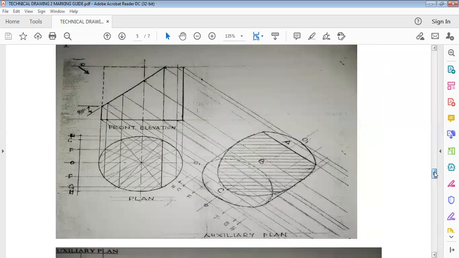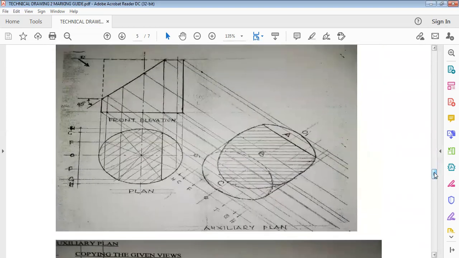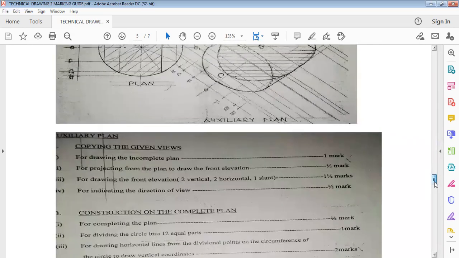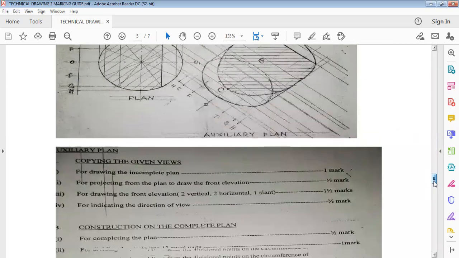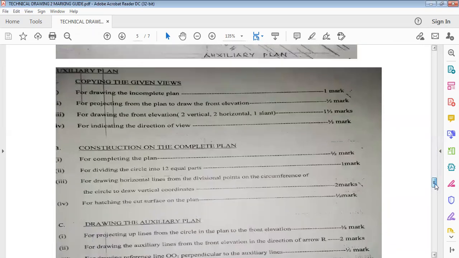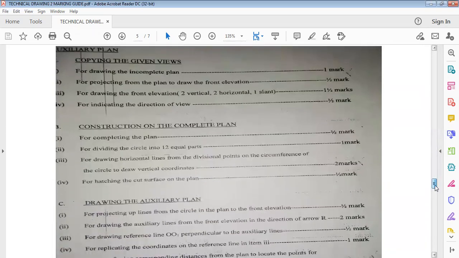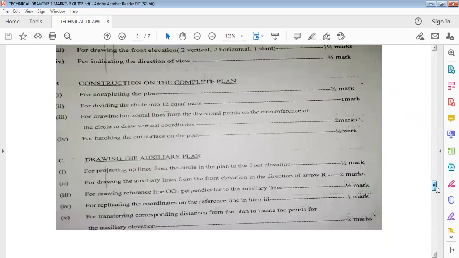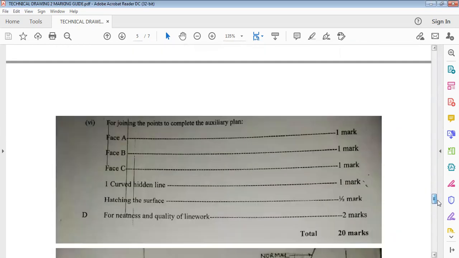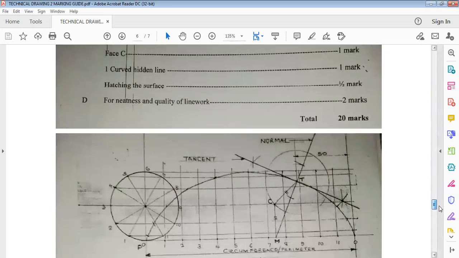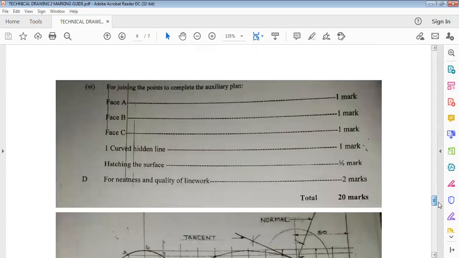And then this is another solution to the question. This also has to do with auxiliary views, and the marks awarded to this we have here. The last one here is also 20 marks.